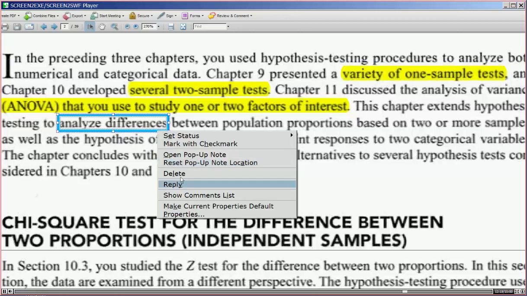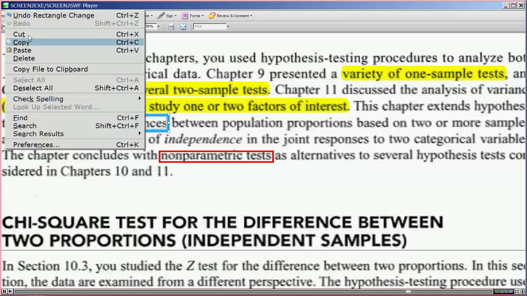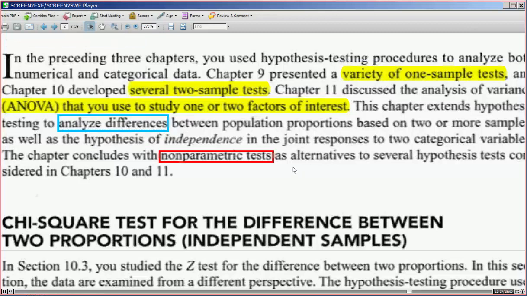So we need to copy this. Okay. Got the independence right here.